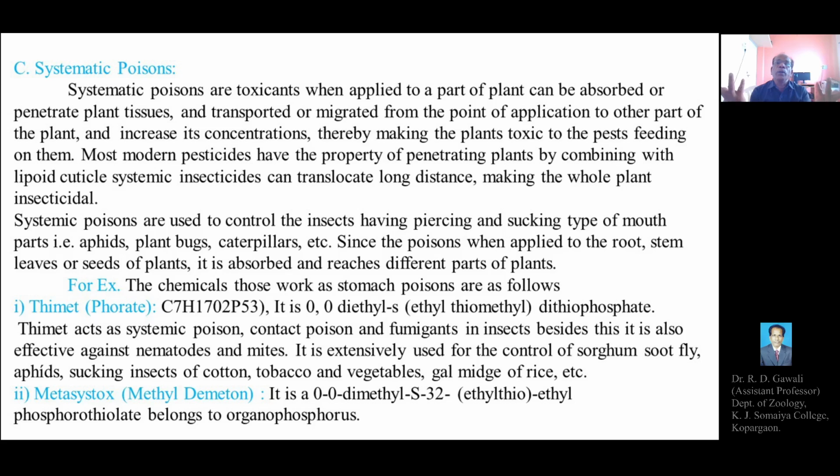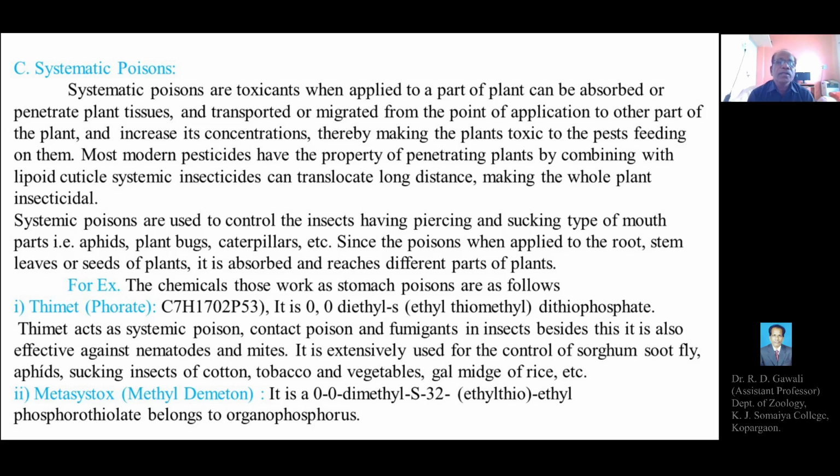On feeding on these phytotoxic plants, all categories of insect pest can be killed due to the toxic effect of the systemic poison when it reaches the digestive tract of the insect pest. One example is thimet.